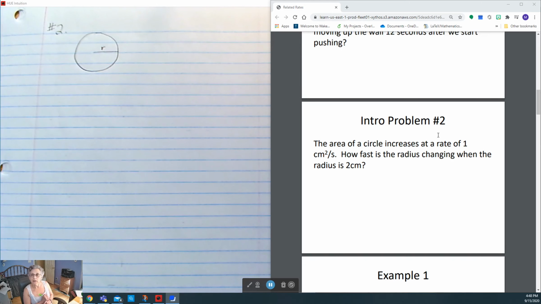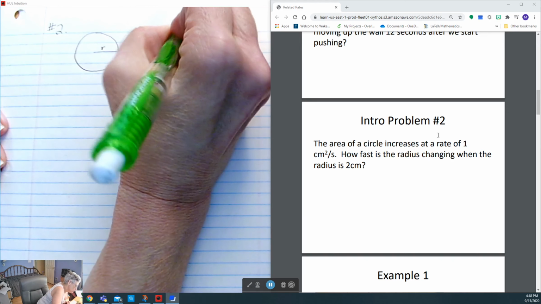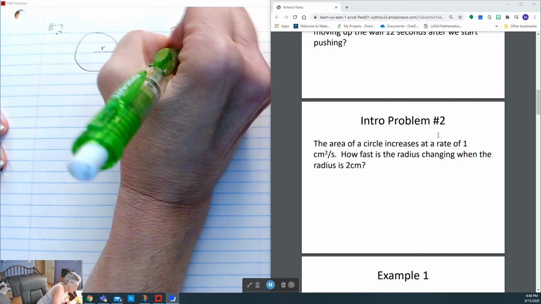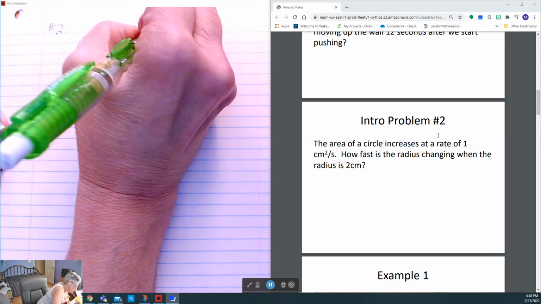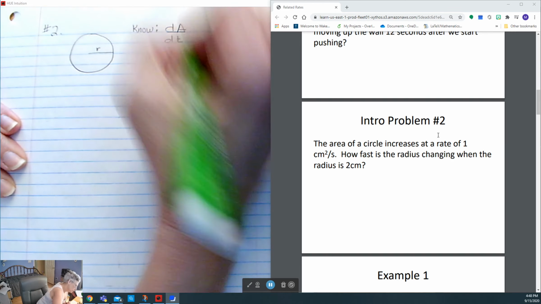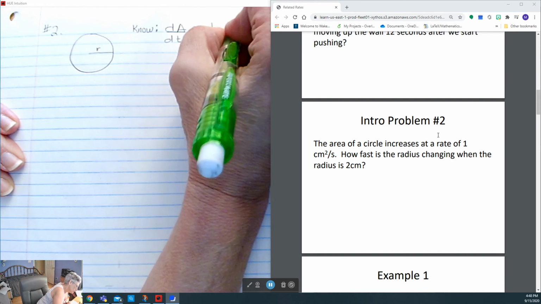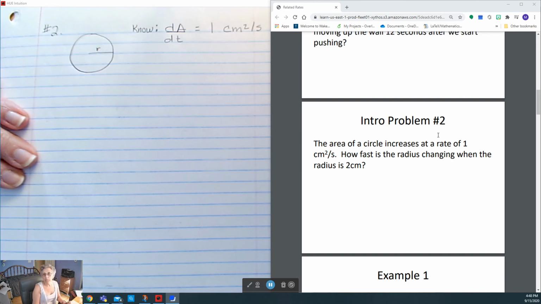The area increases at a rate of 1 centimeter squared per second. So that is a derivative, dA/dt. That's given to me, so I know it's true, it's not going to change. 1 square centimeter per second.